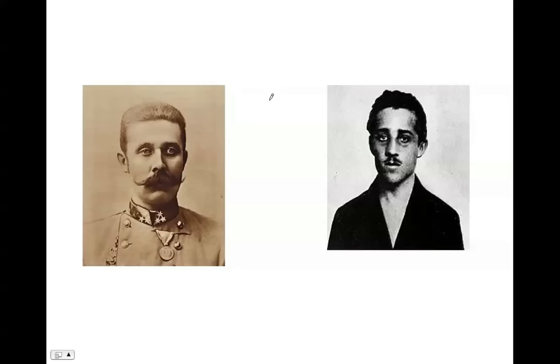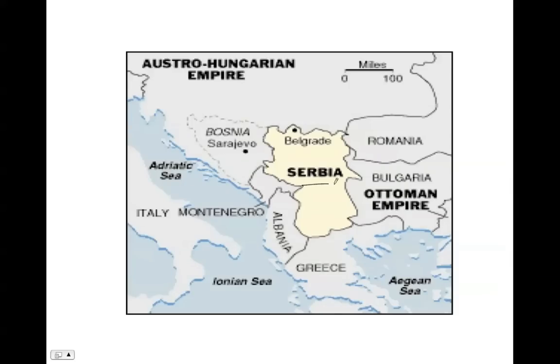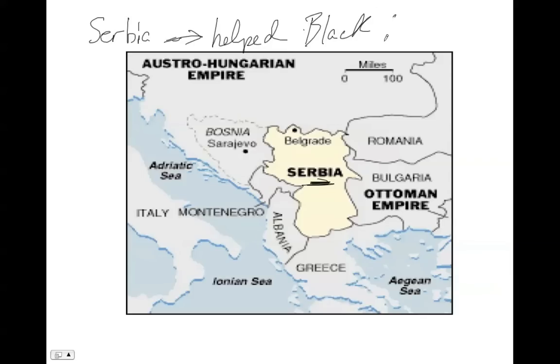Now, the group planned the assassination in close consultation with the Serbian General Staff's Chief of Intelligence. Okay, so here's Serbia, and we don't know really to what extent, but it did seem, at least at the time, that they helped the Black Hand.